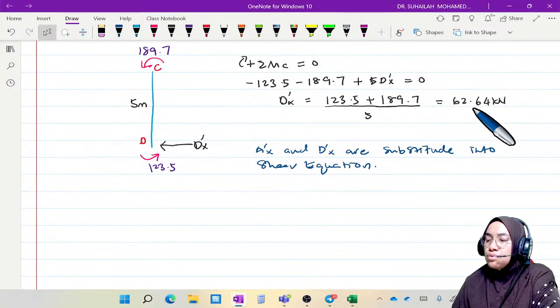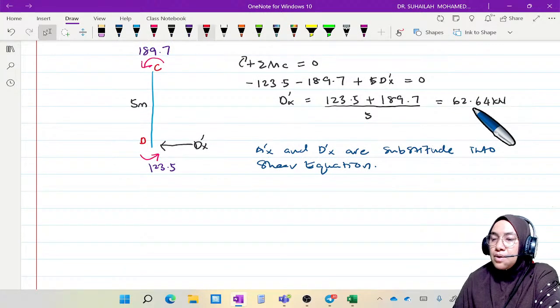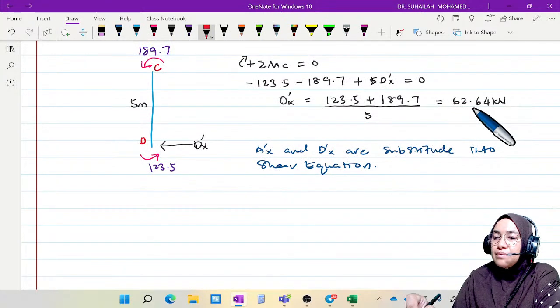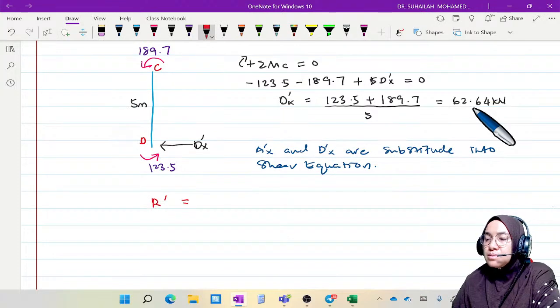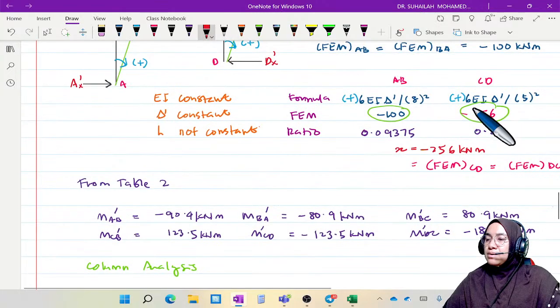So we have R prime equal to, we get from the shear equation. So R is equal to, let's check back.